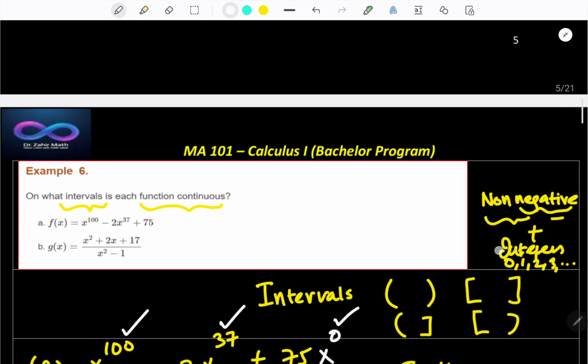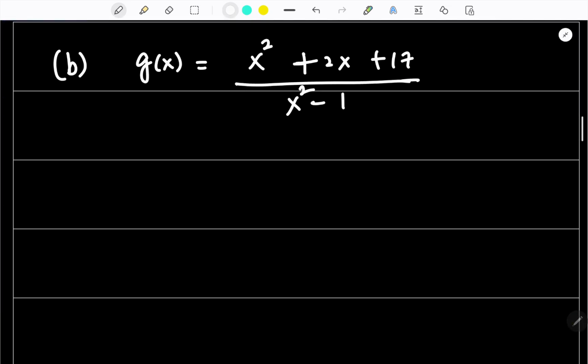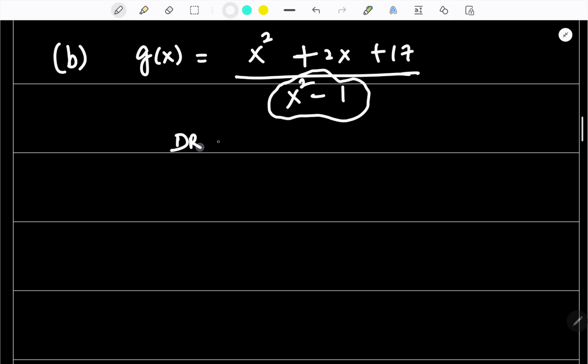Am I right? Yes, correct. So what are we going to say? No discussion, because we have a denominator. Of course, this is a rational function. I don't want to confuse you with rational functions here. So now I'm going to make the denominator equal to 0. What is the denominator? X square minus 1 equal to 0.